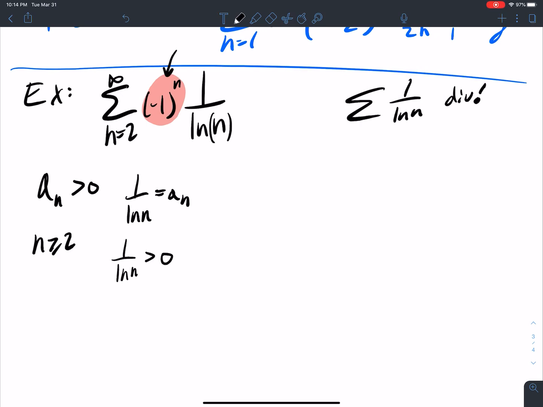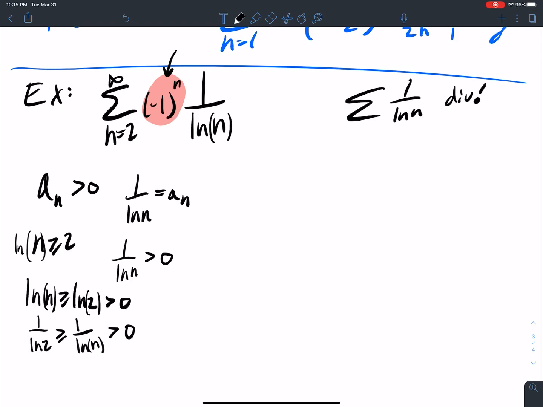All right, how do I do that? Well, I probably need an ln n somewhere, so I'm going to ln both sides. n is greater than or equal to 2, so ln n is greater than or equal to ln 2. Now, ln 2 is a positive number, so that's greater than 0. And then, what do I have? 1 over ln 2 is greater than or equal to 1 over ln n, which is greater than 0. So, voila, it's done, we're okay.